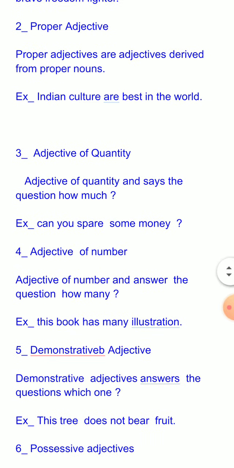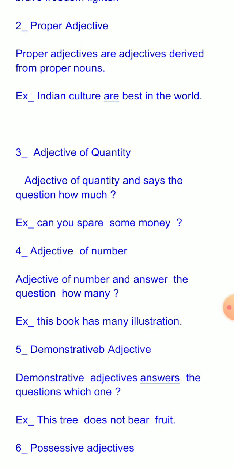The third one is adjective of quantity. Adjective of quantity asks the question how much. It shows how much of a thing is meant.